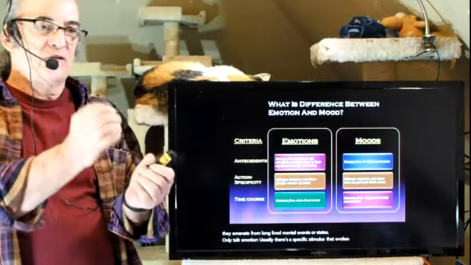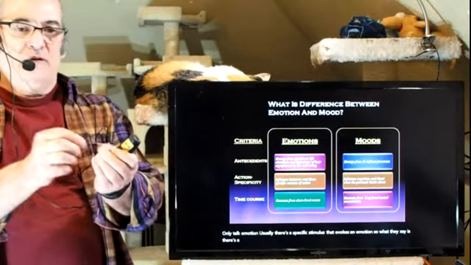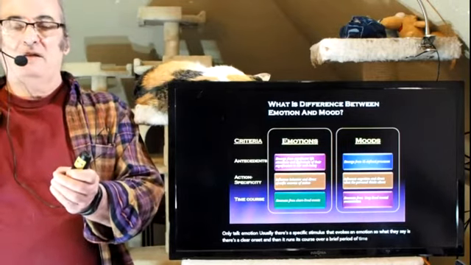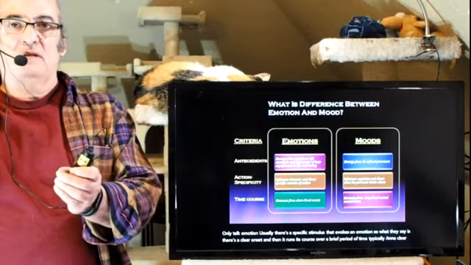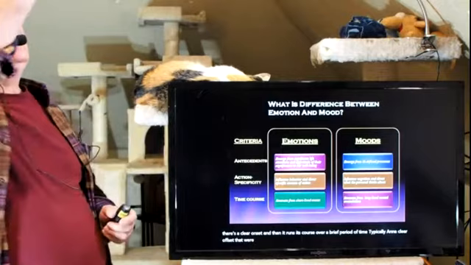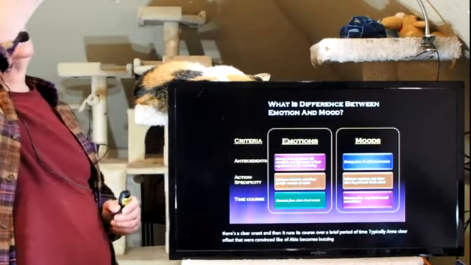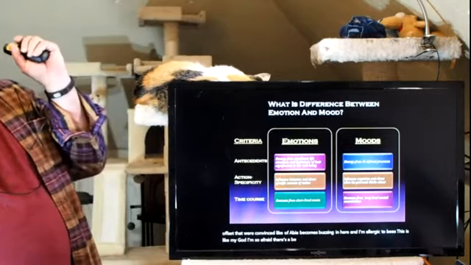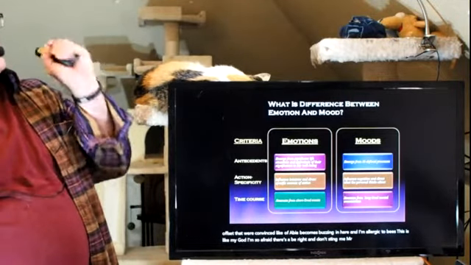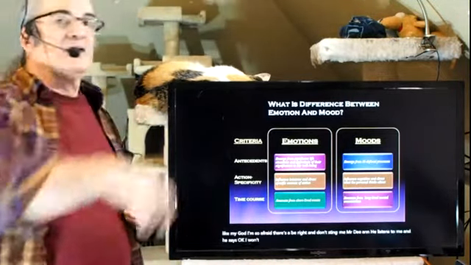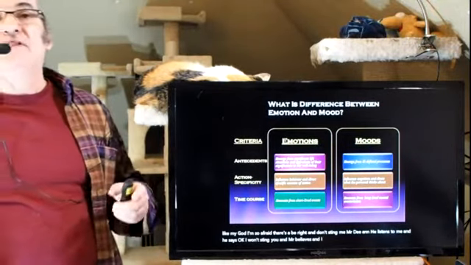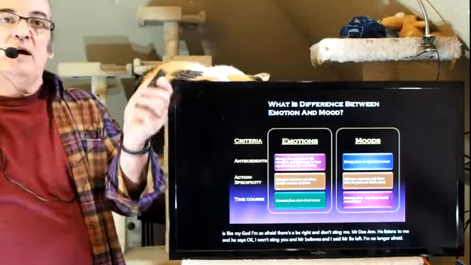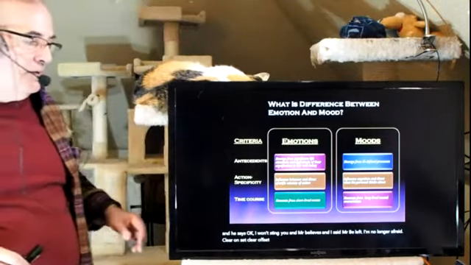There's a clear onset, and then it runs its course over a brief period of time, and a clear offset. Like if a bee comes buzzing in here and I'm allergic to bees, and I go, oh my God, I'm so afraid, there's a bee, and don't sting me, Mr. Bee. And he listens to me and says, okay, I won't sting you. And Mr. Bee leaves, and I say, whew, Mr. Bee left, I'm no longer afraid. Clear onset, clear offset, short duration.